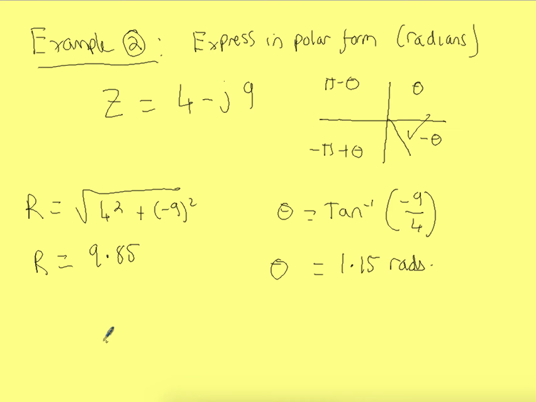Okay, so Z equals 9.85 at an angle of, it's 1.15, but it's negative 1.15, like that.